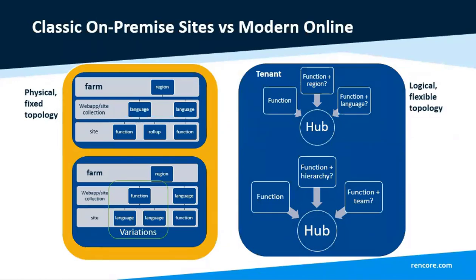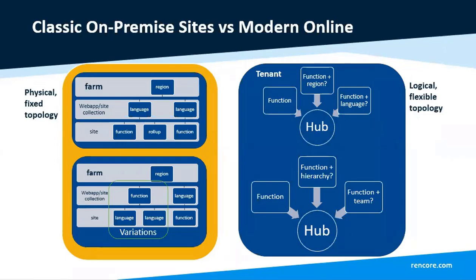So what we had with classic on-premise sites was what you call physical topology. You had multiple farms, and each of these farms corresponded to a region. Within that farm, you could have individual languages. So you can have sites within a group of sites that had a language.